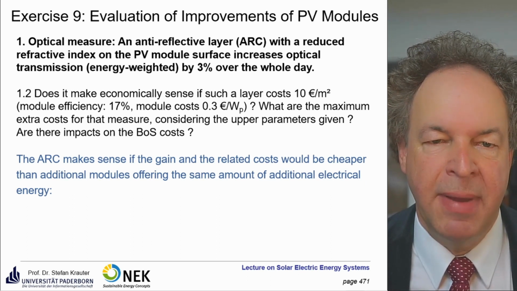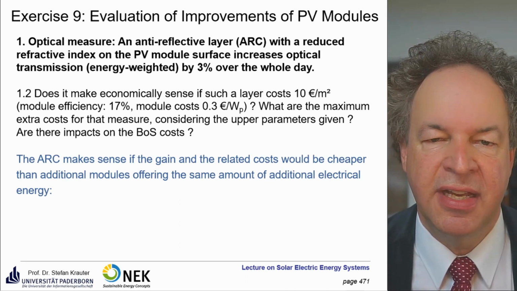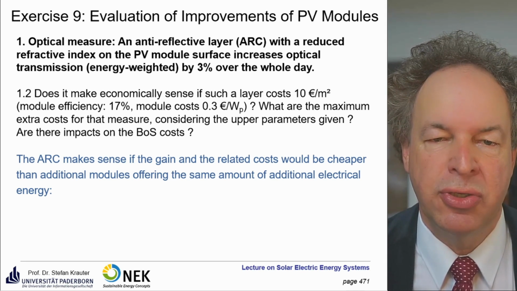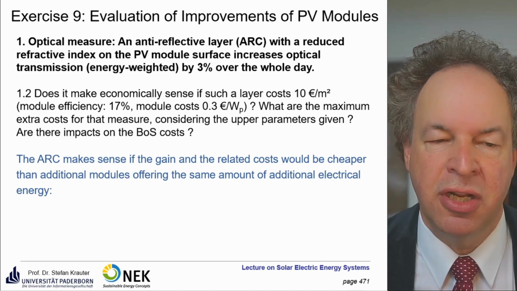So the AR coating makes sense if the gain and the related costs would be cheaper than the cost for additional modules offering the same amount of additional electrical energy.